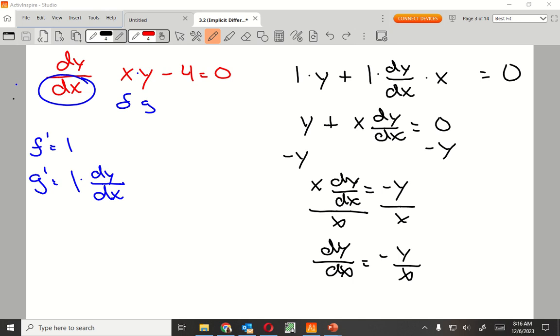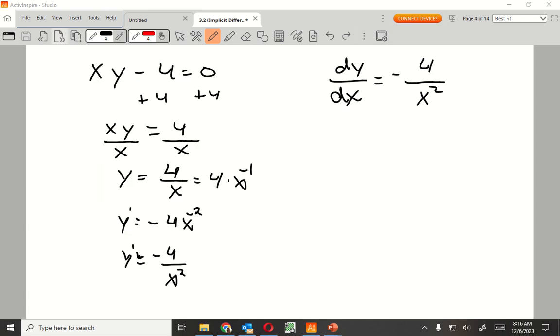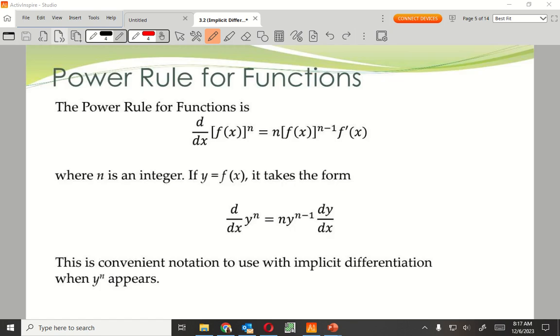So I'm going to take this one right here, and by isolating y, what we did earlier, we said that y was equal to 4 over x. So just by isolating, I say y is equal to that.